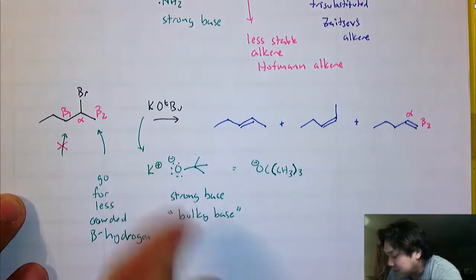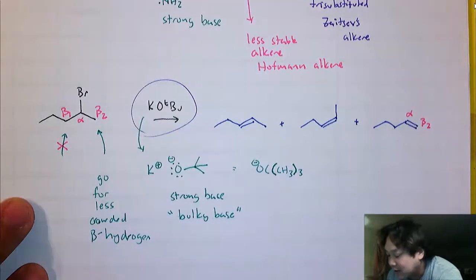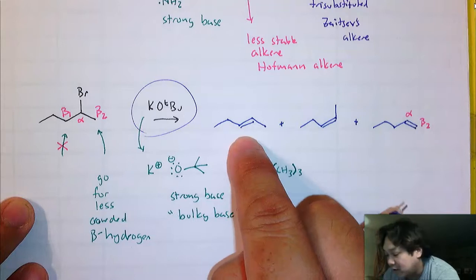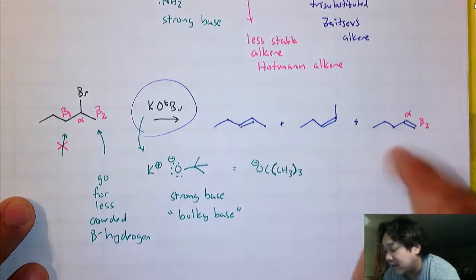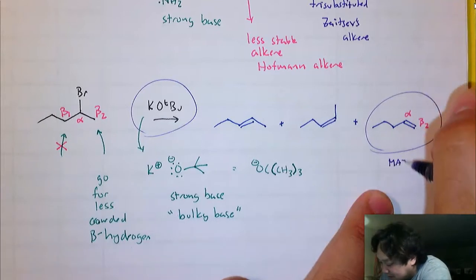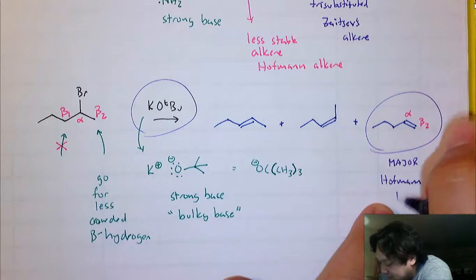When you use a bulky base, like potassium tert-butoxide, you're not going to go for the most stable alkene. You're going to go for the least stable, the less substituted alkene. And now this is the major product. And it is the Hofmann product, or the Hofmann alkene.